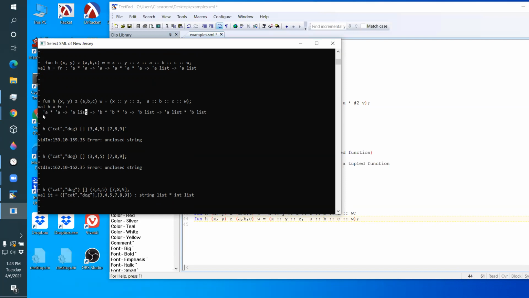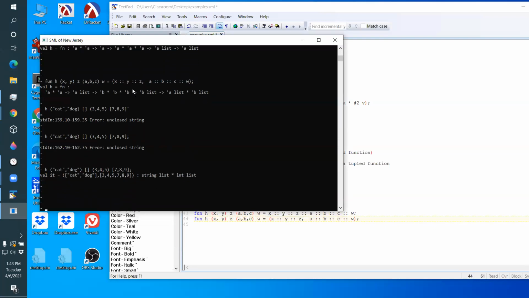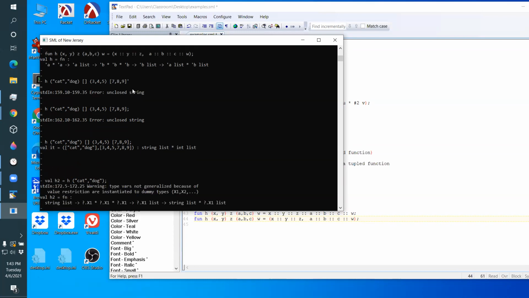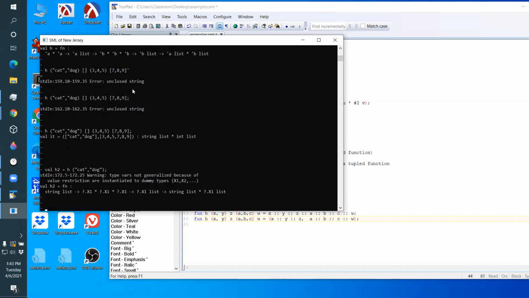And remember, this function is curried. So I could, if I wanted to, give it just that one input. I could take this function here, h, and do something weird with it. I could define a function val h2 equal h with cat dog. Now h2 is kind of funny.